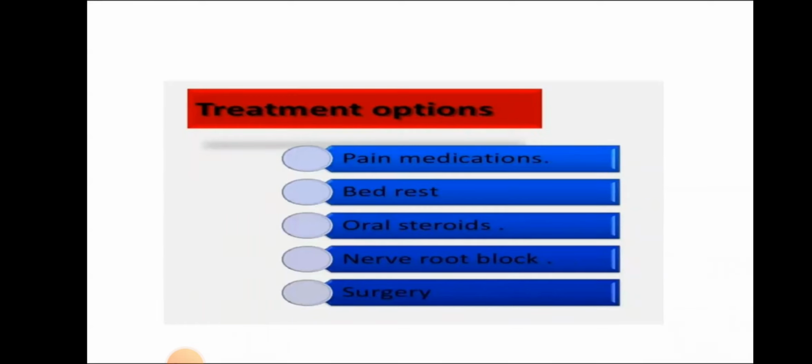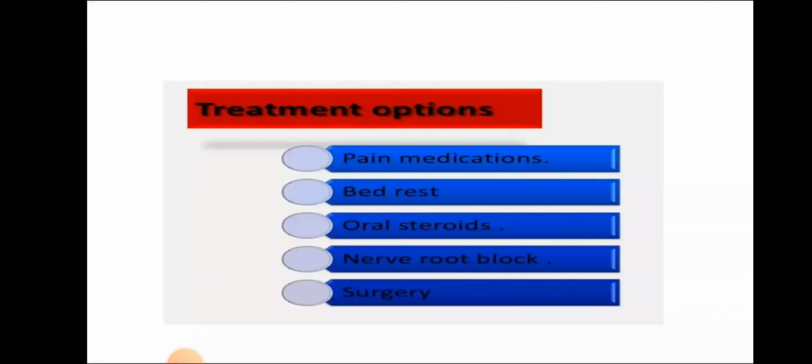That is the treatment. So these are the main diseases which come under the diseases of spine. As we have seen in diseases of spine, the first one is Pott's disease, also called tuberculosis of the spine, and the etiological agent here is Mycobacterium tuberculosis, which is a rod-shaped, non-spore forming, thin aerobic, weakly gram-positive bacterium.